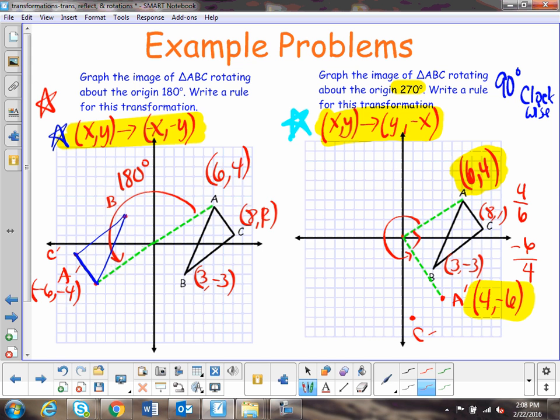What does it become? Negative 3, negative 3? Agree or disagree? Agree. That is correct. Okay, because think about it. They flip, but you have to change the sign on the x to make it. Okay, this is B prime. So here's the new triangle.